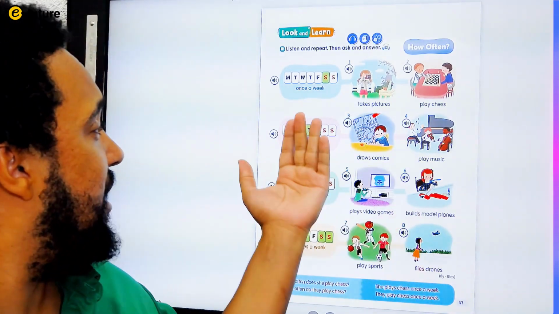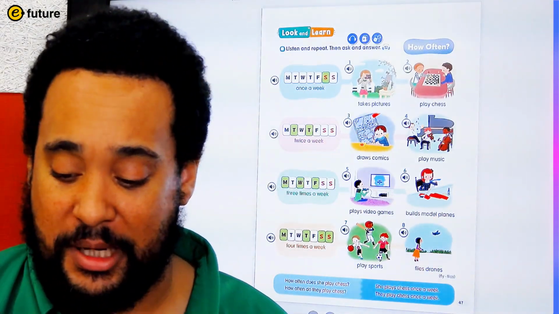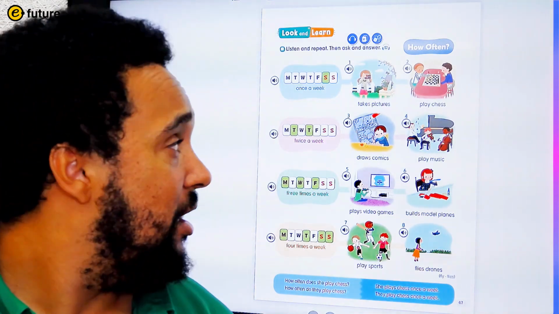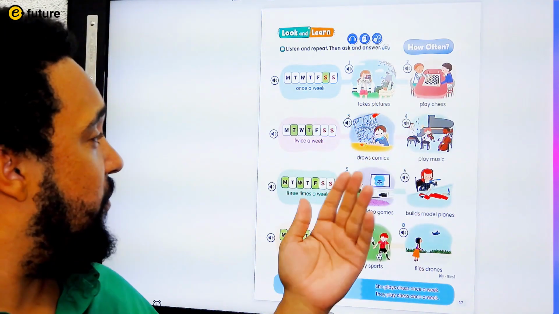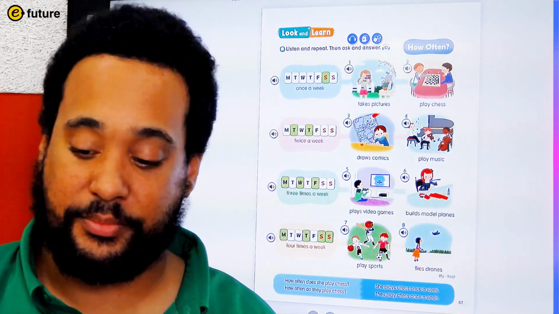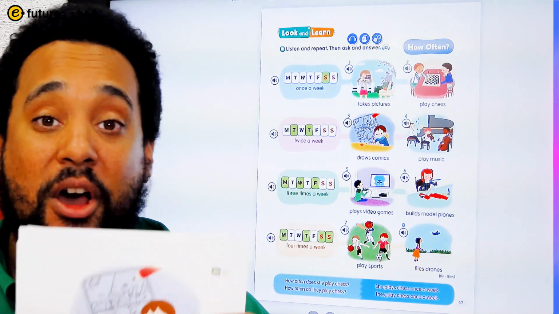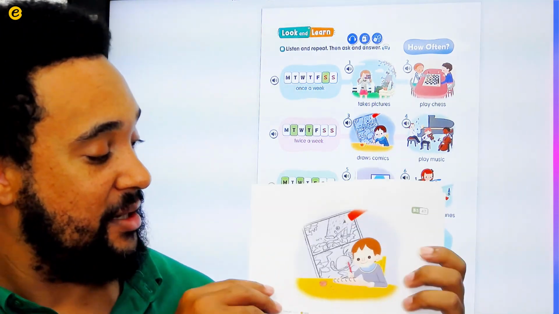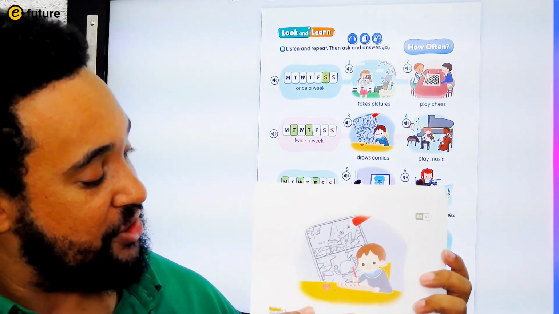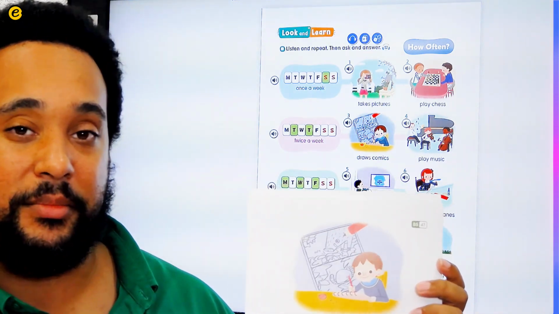Now, let's take a look at the page or the screen. So in your books, please turn to page 47 because we have some vocabulary words. And I have some flashcards. These flashcards are different hobbies. So what is this flashcard here? What is this boy doing?